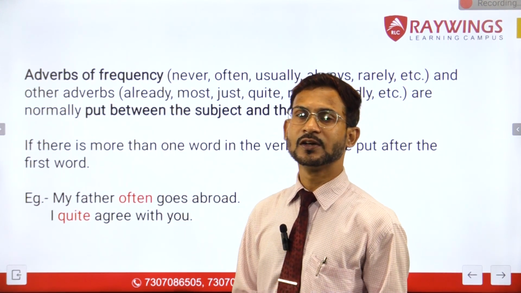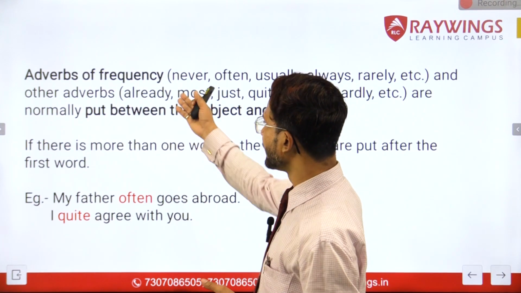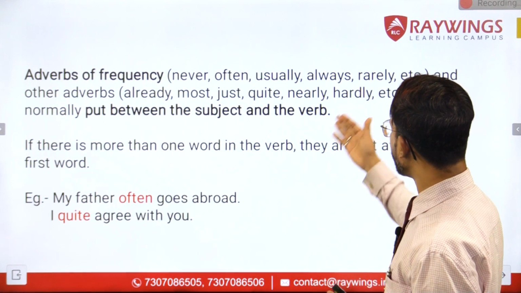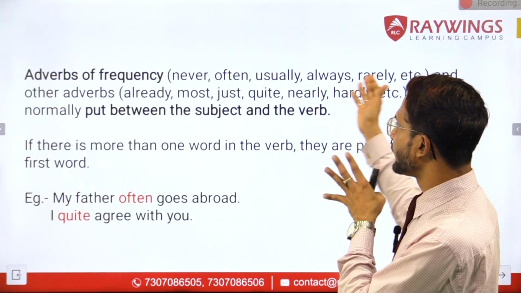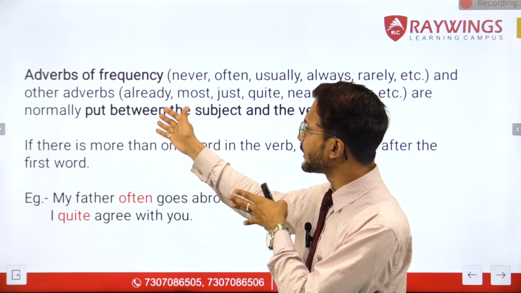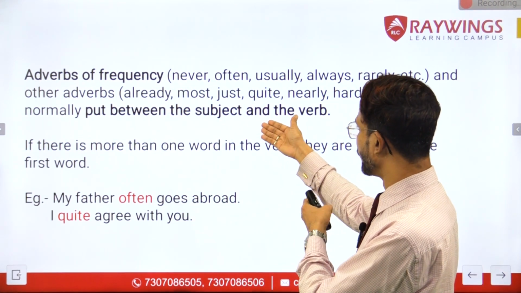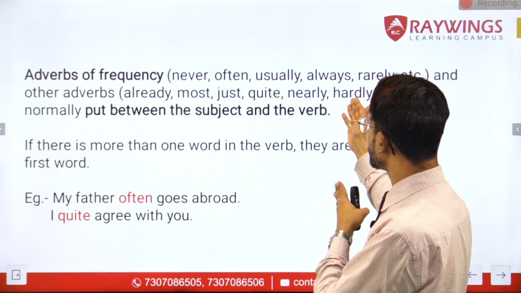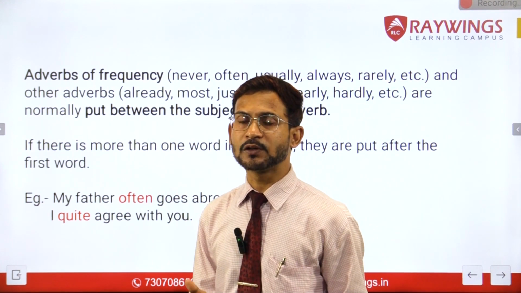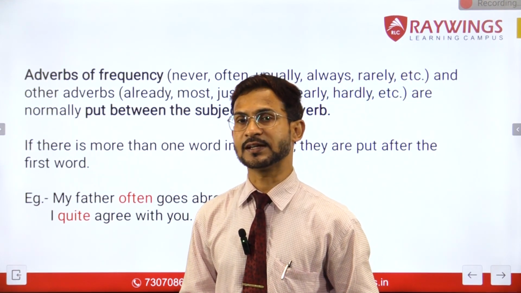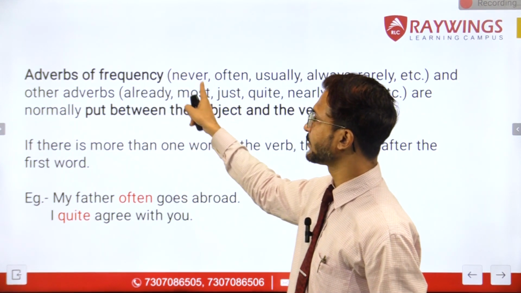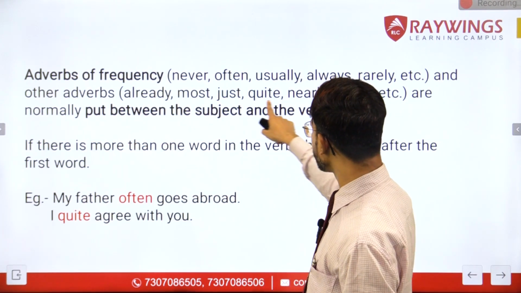So those are the words like never, often, usually, always, rarely, etc. Right? And there are a few other adverbs like already, almost, just, quite, nearly, hardly, etc. So they are normally put between the subject and the verb in the sentence.